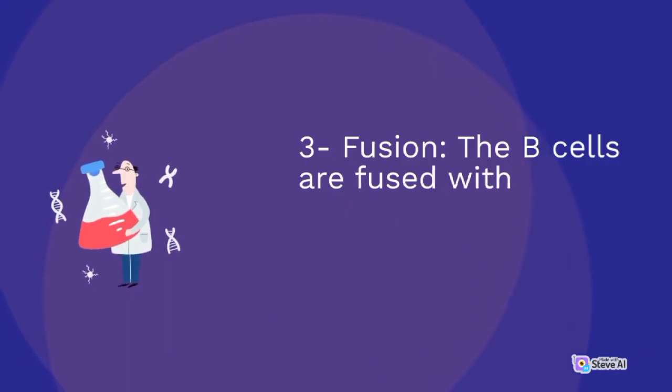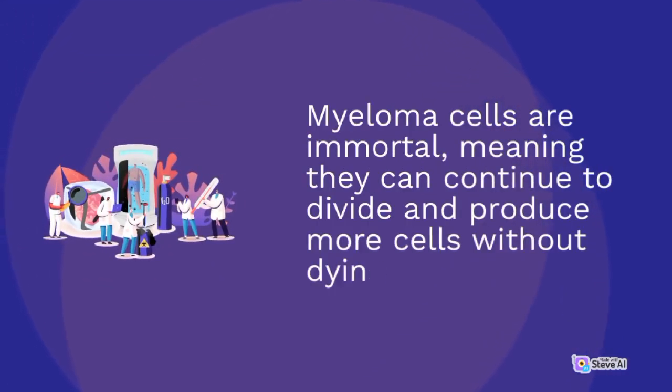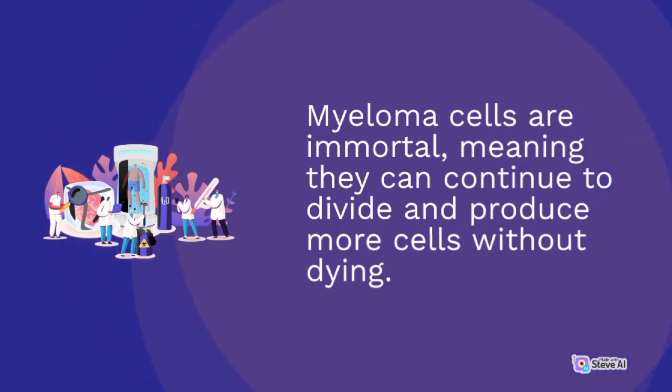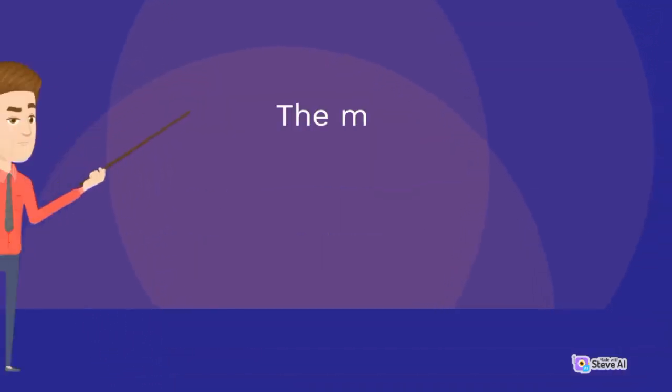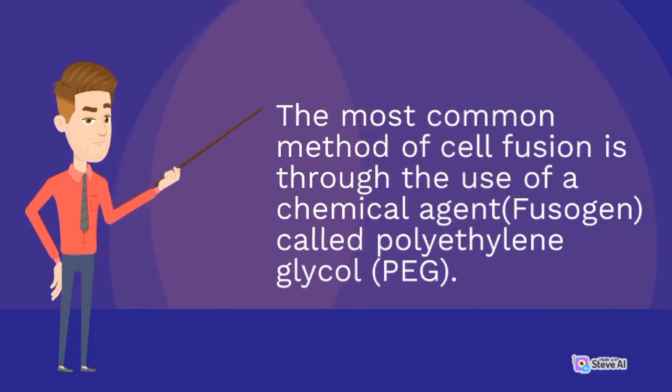3. Fusion. The B cells are fused with a type of cell called a myeloma cell. Myeloma cells are immortal, meaning they can continue to divide and produce more cells without dying. The most common method of cell fusion is through the use of a chemical agent fusogen called polyethylene glycol, PEG.